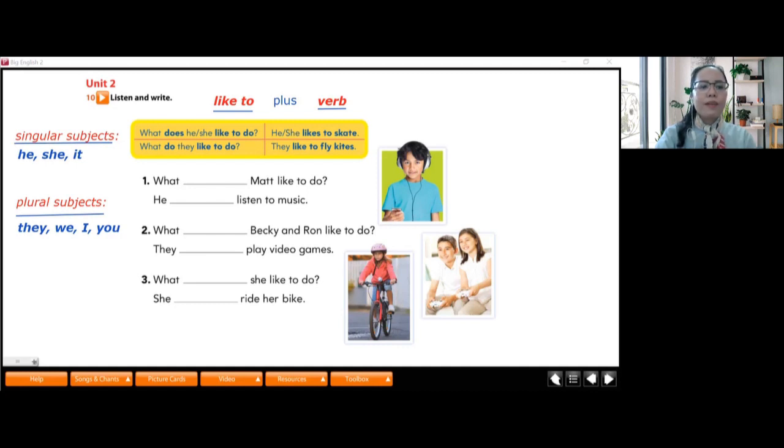For subjects like he, she, or it, they belong to singular subjects. But for subjects like they, we, I, you, they belong to plural subjects. Exceptional for subject I.